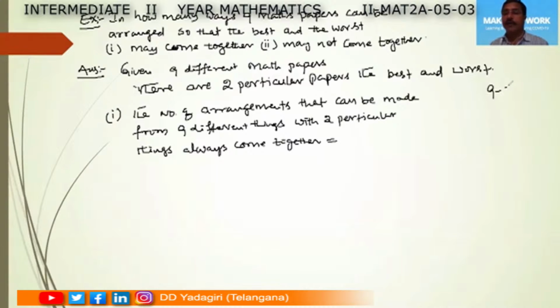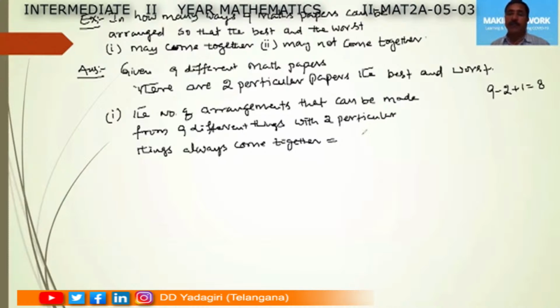We took the 2 particular things outside and we have added them considering them as one thing. Therefore, the total number of things now in our hand will be 9 minus 2 plus 1, so 8 things. So when these 8 things are arranged, in all those arrangements, these particular 2 things will be together.